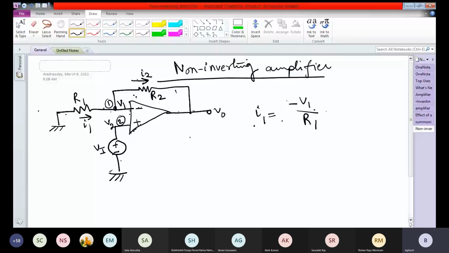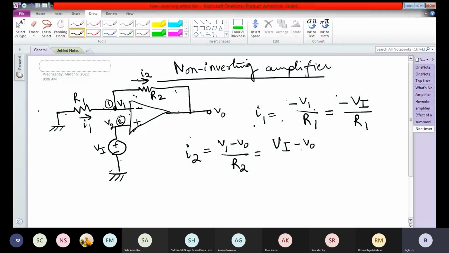So that is minus Vi by R1. Current I2 will be given by V1 minus V0 by R2, that is Vi minus V0 by R2.